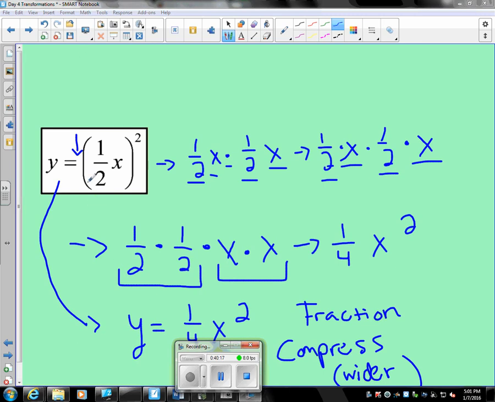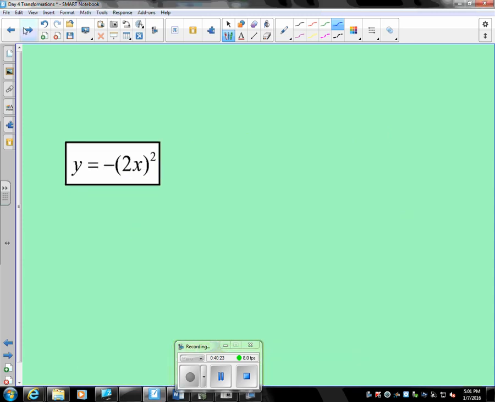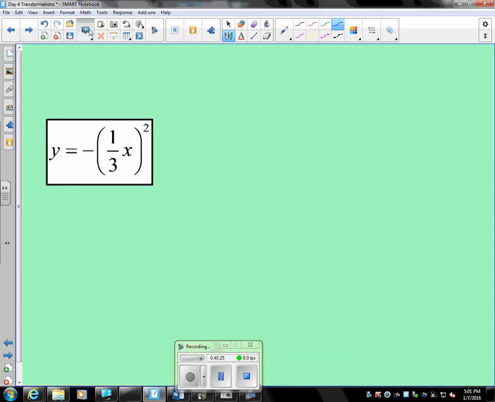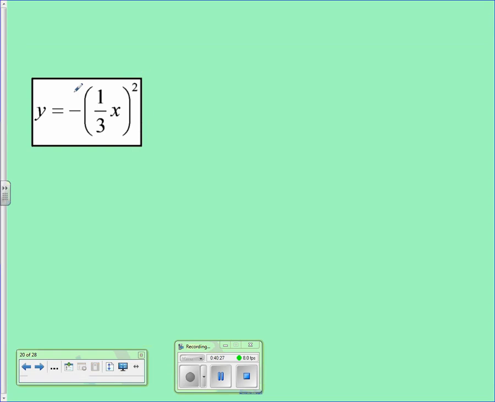All right, let's do one more of these. Let's look at the last one. I have my value inside parentheses. It's hiding. I want it in front of parentheses. So let me take it out of hiding. Let's go ahead and rewrite this. Now this one's a little different because we have a negative out in front.